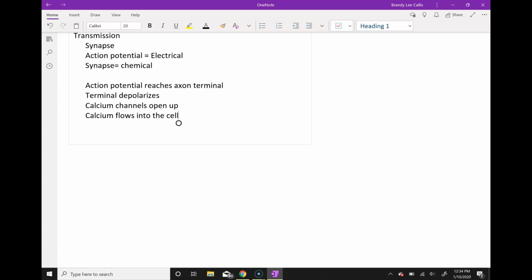Now, also when this calcium is flowing into the cell, these neurotransmitters join the cell membrane. So they just kind of attach. They're in vesicles. If you remember from biology, vesicles are just kind of like shipping containers. They're for storage. And so these vesicles join with the cell membrane adjacent to the synaptic cleft.